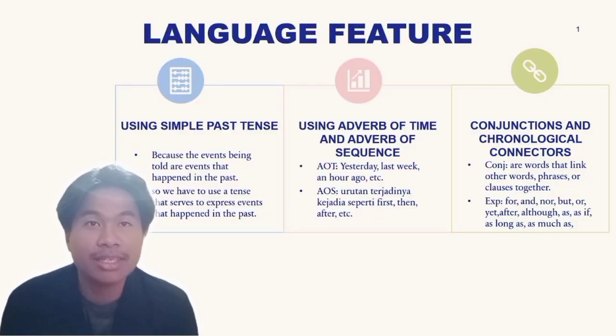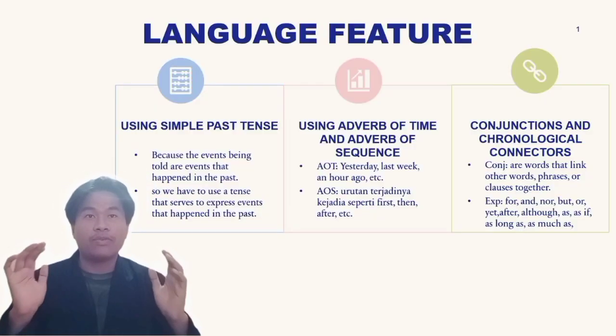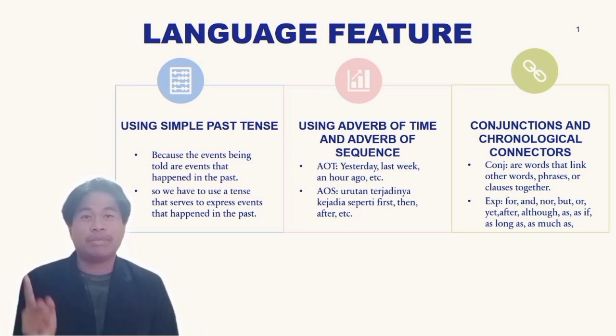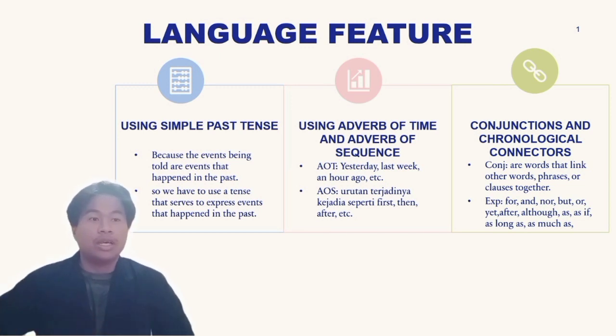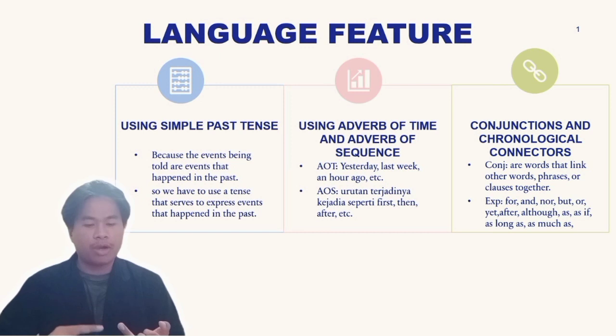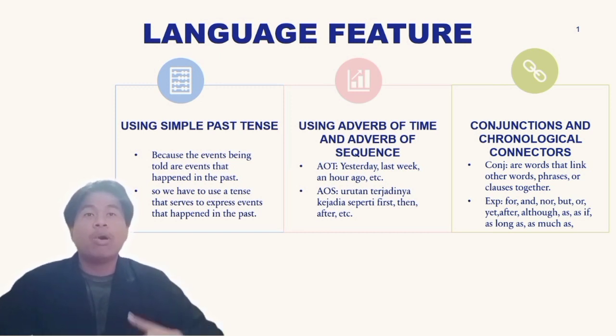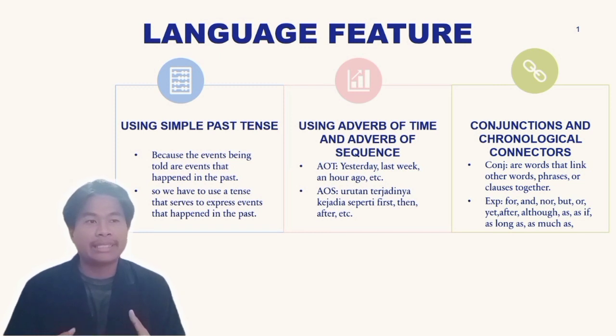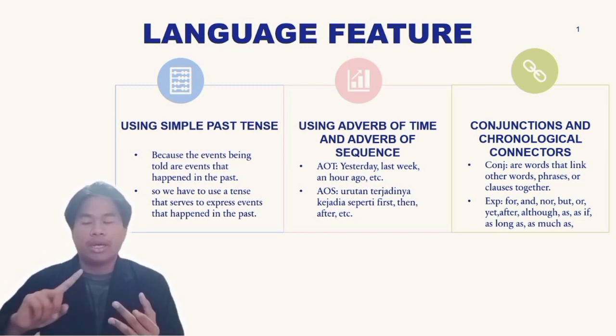Okay, next is the language features of a recount text. First is using simple past tense because it tells an event that happened in the past. The second is that we use adverbs of time and adverbs of sequence to tell more detail about the text, like yesterday, last week, an hour ago.